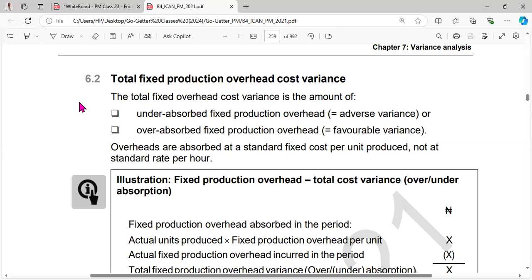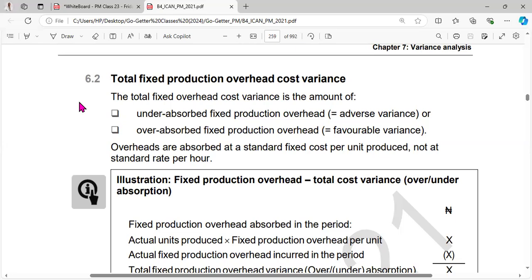So I under budgeted. I under provided. So the difference of 2,000 is the under provision or the under absorbed, meaning that the actual realities is higher than my standard.